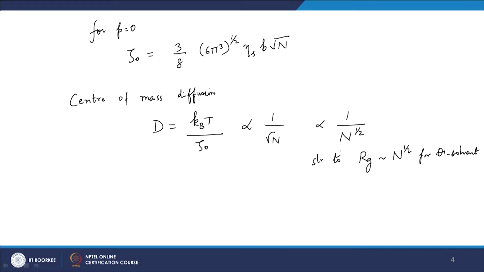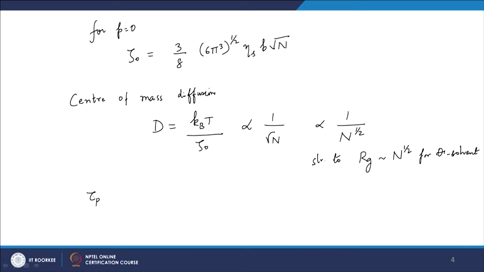That is how we have established that the exponent of the static scaling that we get for Rg is the same as the exponent of the dynamical scaling we get for the diffusion coefficient.